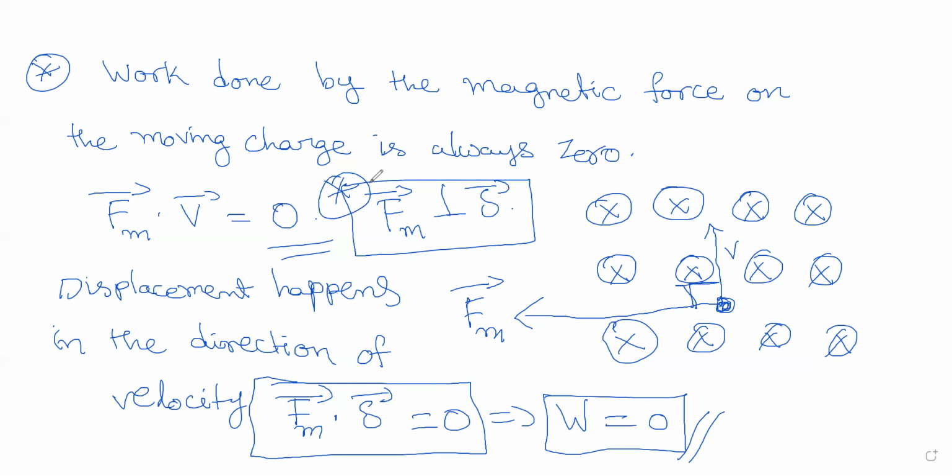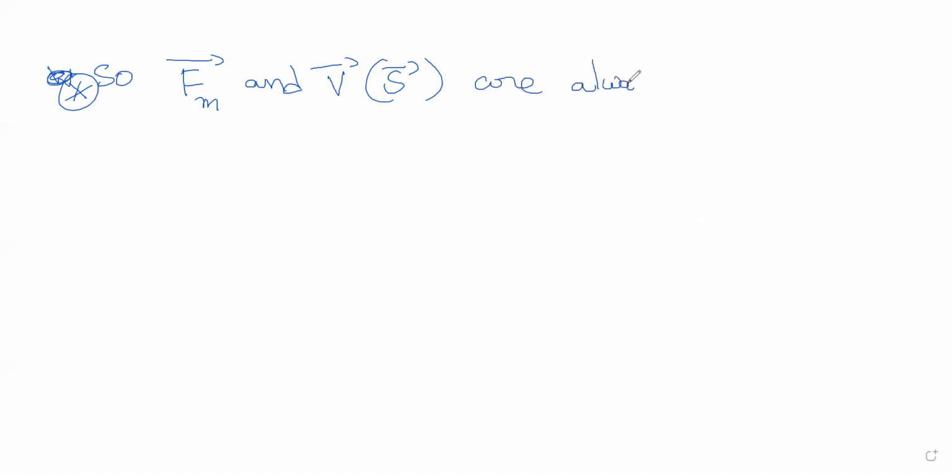Is this clear? Hope this is clear. So this is the condition. So Fm bar and S bar and V bar, in fact S bar, are always perpendicular to each other at any instant.